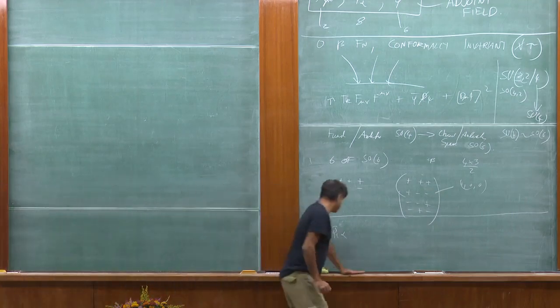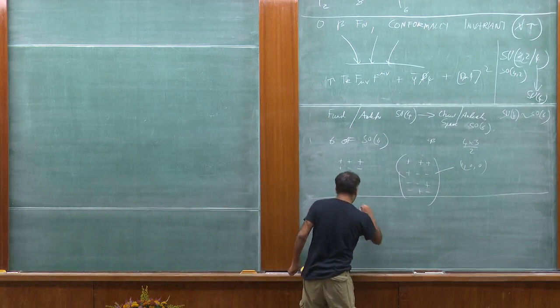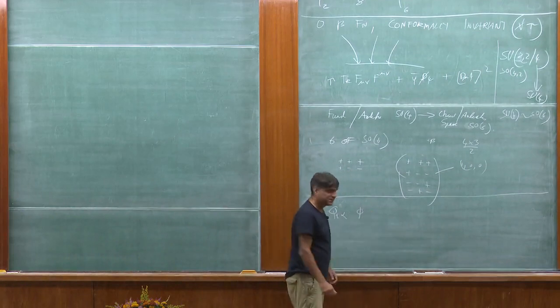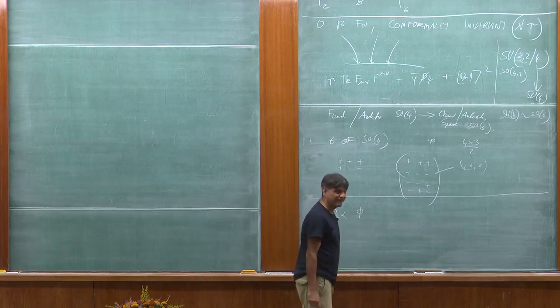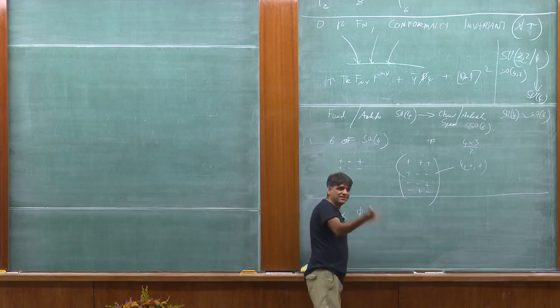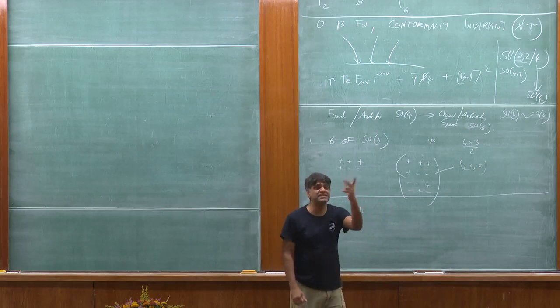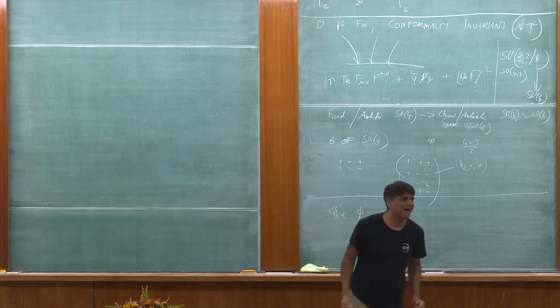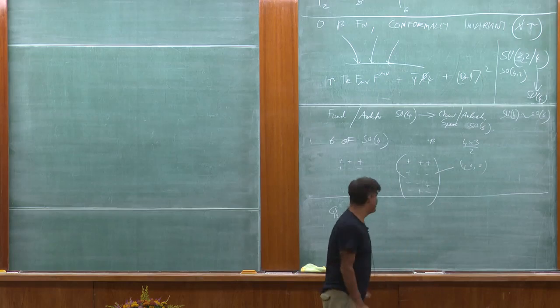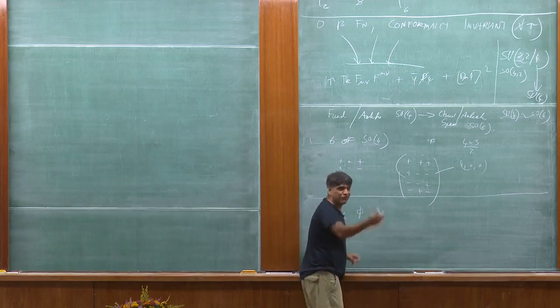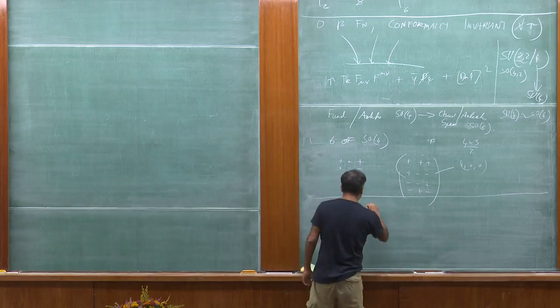Now, let's see how this guy transforms. What is the action of this Q on phi? Now, phi was a vector, but let's think of it as an antisymmetric of two of these spinor or SU4 fundamental indices. Let's call this Mn.